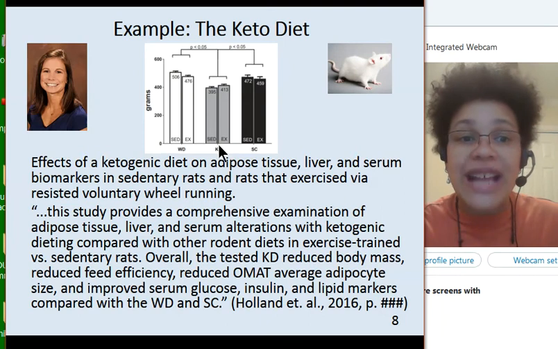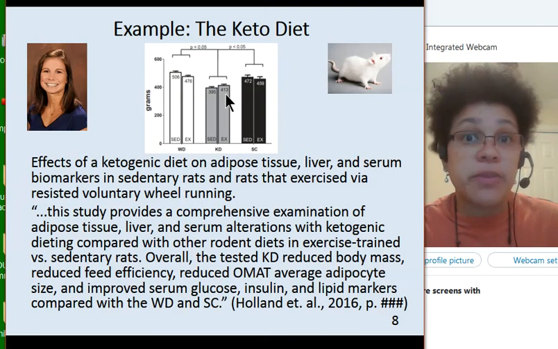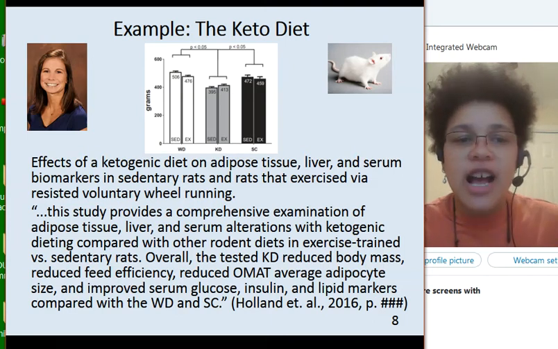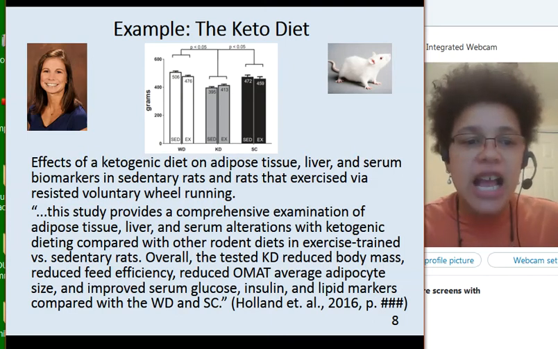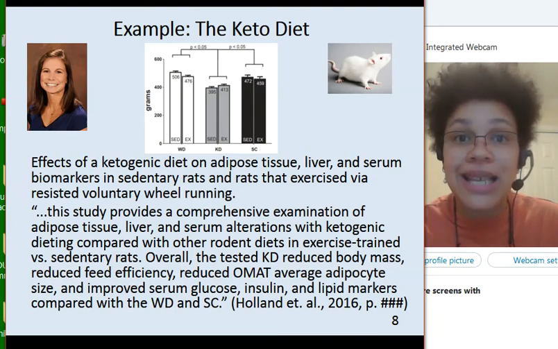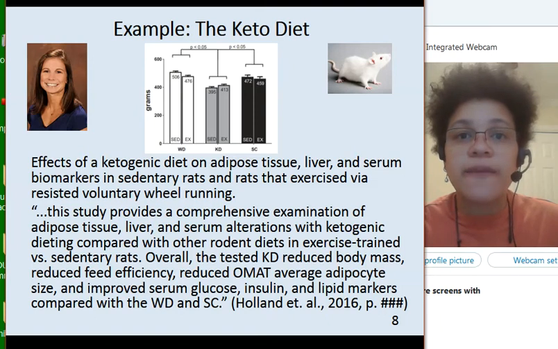The rats were still able to exercise, and the rats that exercised actually weighed a bit more than the rats that were sedentary. I wonder if that was due to increased muscle mass. Also, they had better markers in terms of things like insulin, which is important for people who are diabetic, right?